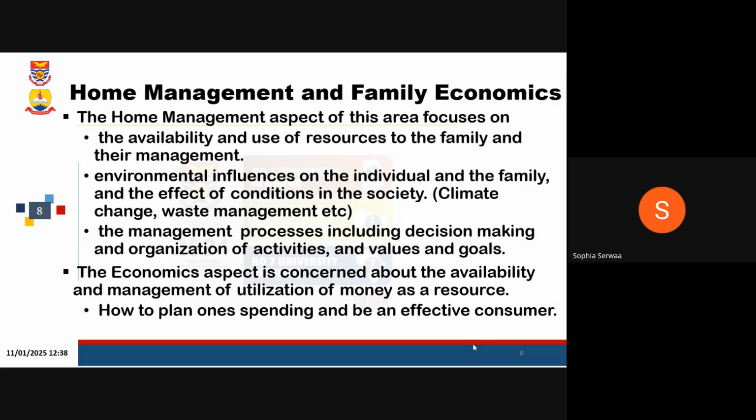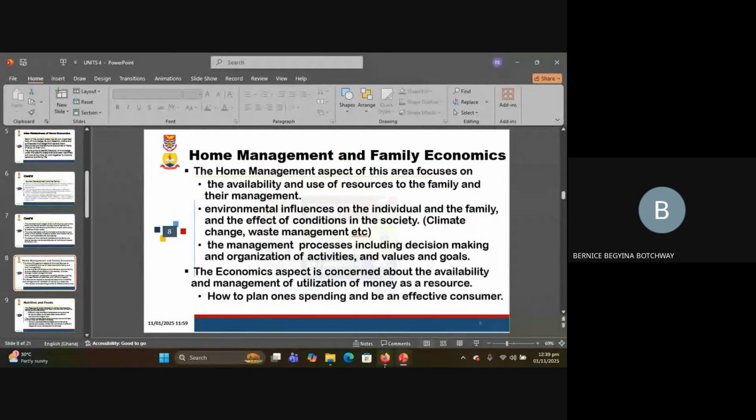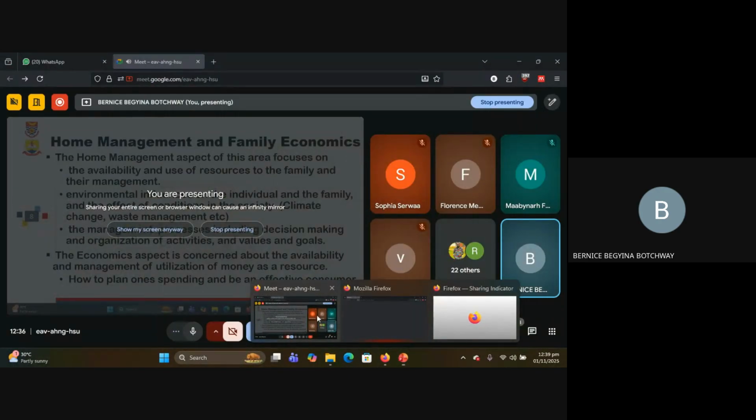How many of us know that this is a resource to us? It's a resource that we can use to achieve our goals. So through this study, you will know that these are resources that you will need. If you have any goal to achieve, these are some of the resources that we can use to achieve such a goal.